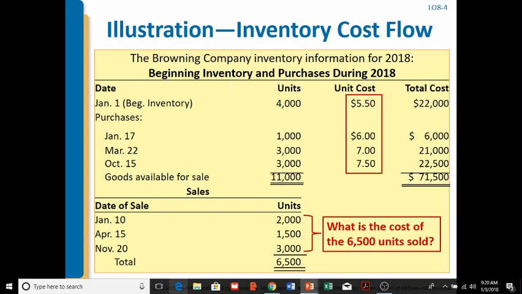So the question is, what is the cost of the 6,500 units that they sell? Well, it depends on the inventory cost flow assumption that management chooses to use.